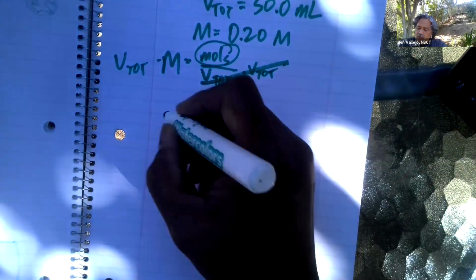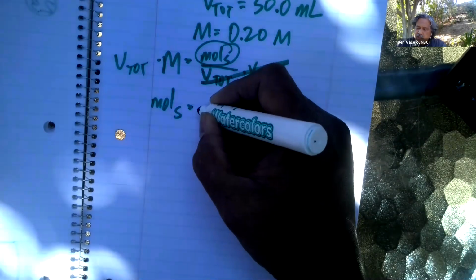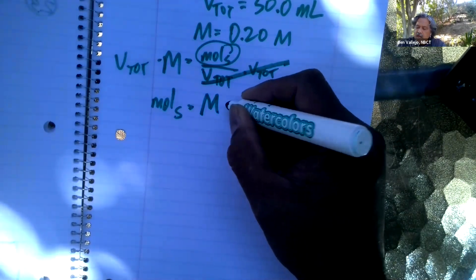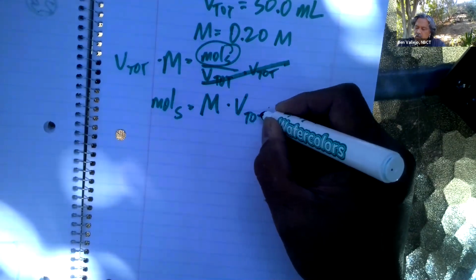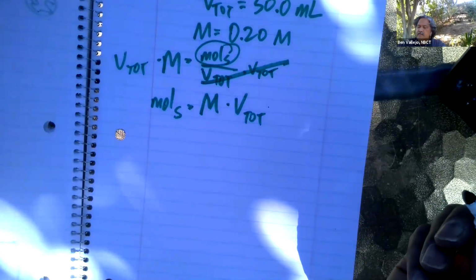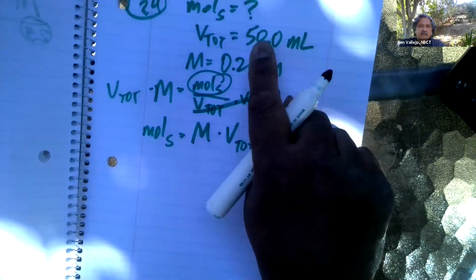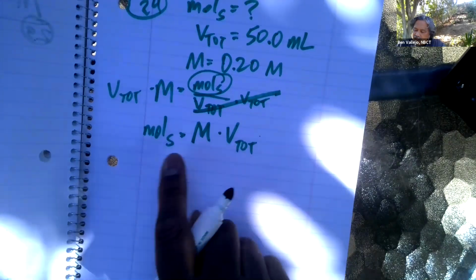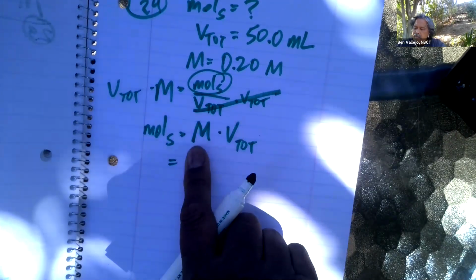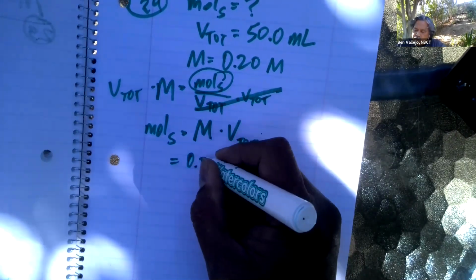So now we have moles of solute equals molarity times total volume of the solution. That's what we wanted. So now we plug in: M is 0.20 M.